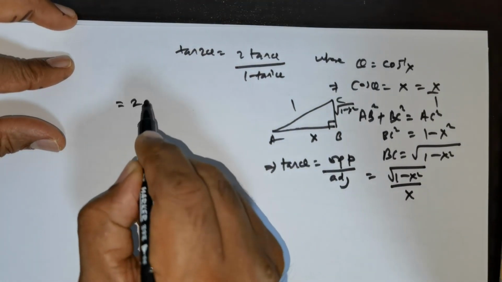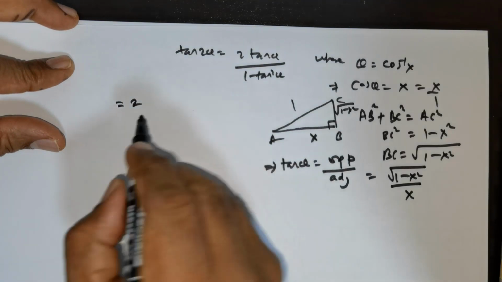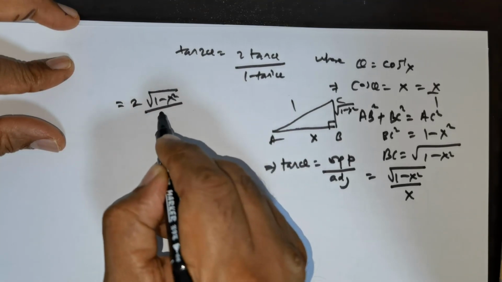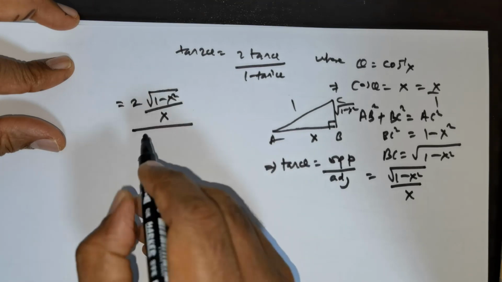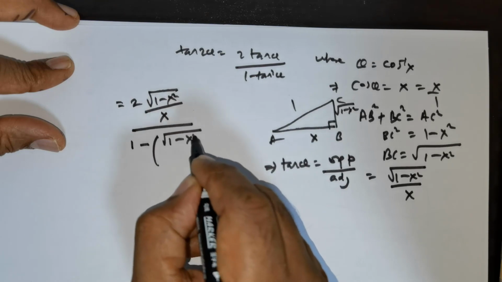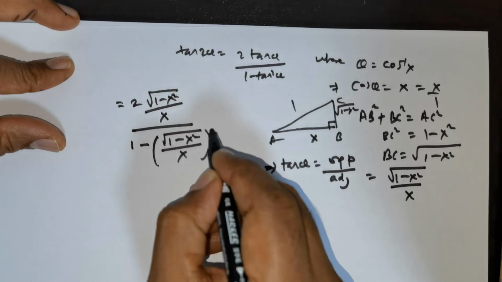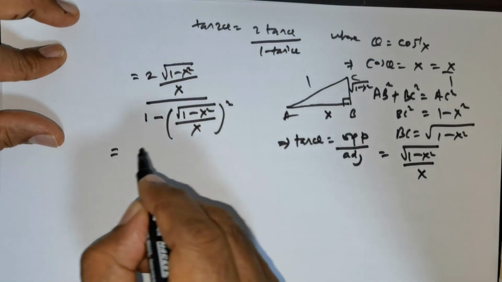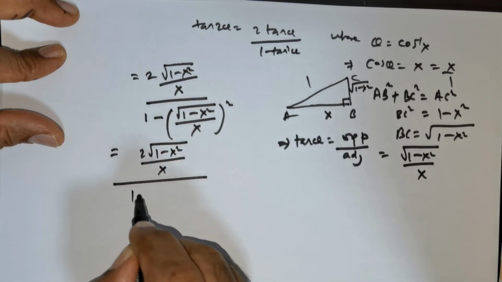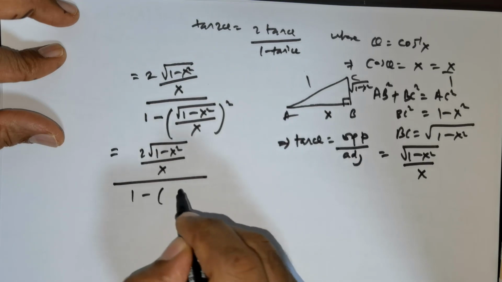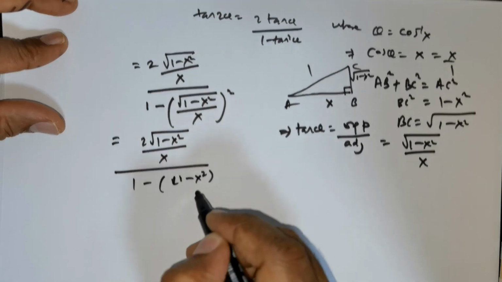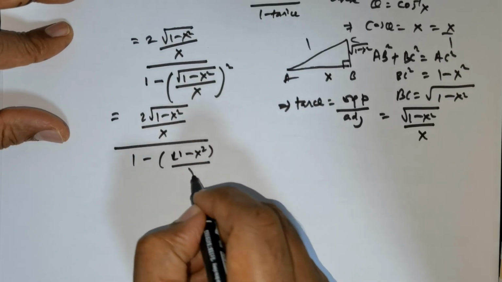So this is equal to 2 times root of 1 minus x squared divided by x divided by 1 minus root of 1 minus x squared divided by x raised to the power of 2. So this is equal to 2 times the root of 1 minus x squared divided by x divided by 1 minus. You square it, you get 1 minus x squared divided by x squared.